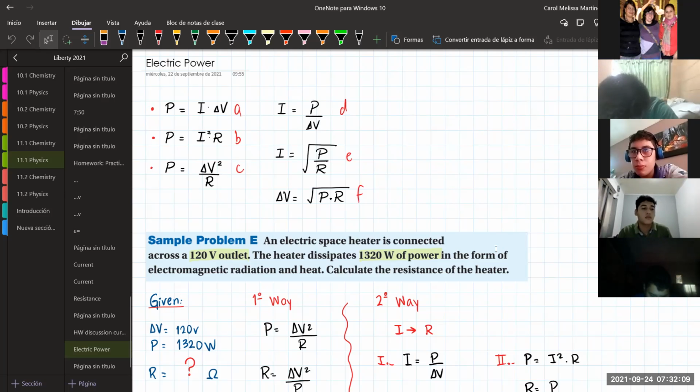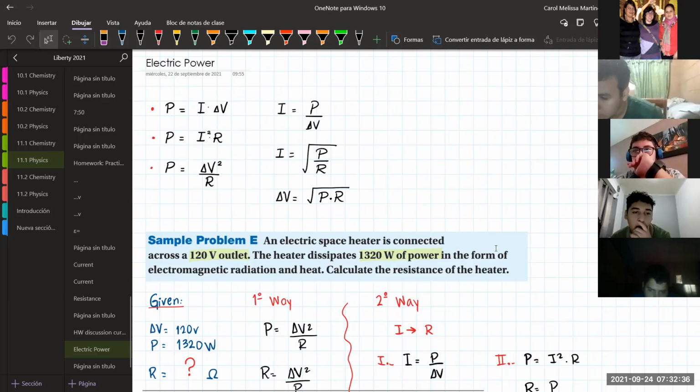I have power, I have resistance, and I'm looking for current. So this is the equation to use, E, okay? I took the equation E from this formula. This one is already isolated for the current. So current is equal to the square root of power divided by resistance. So that's the equation to use.